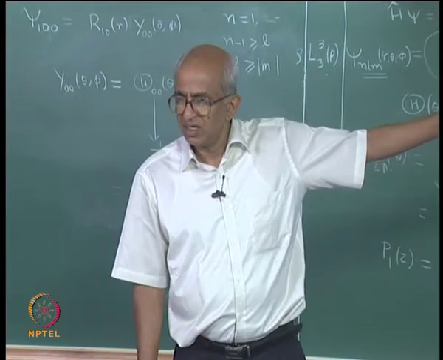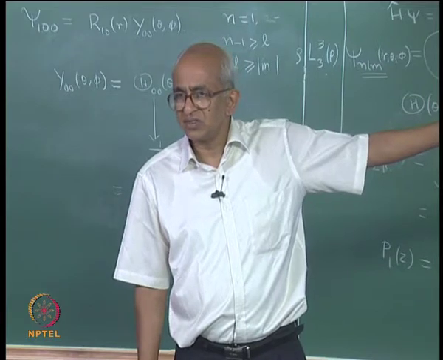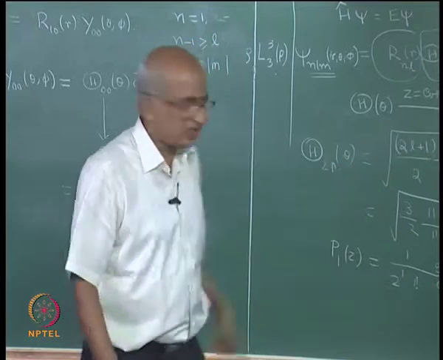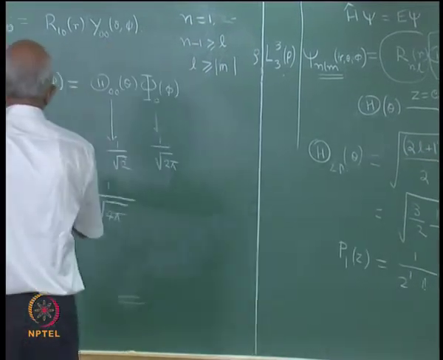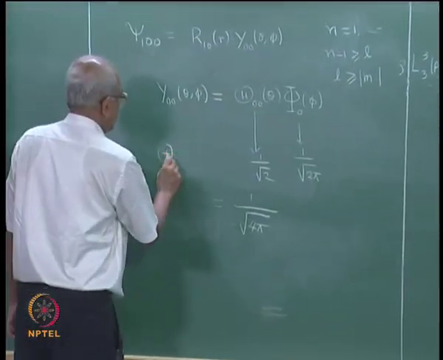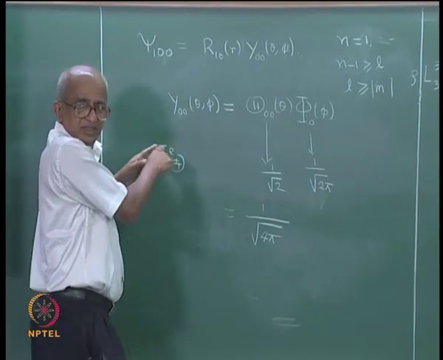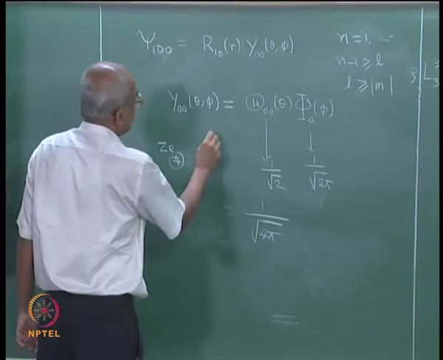where it has been assumed that the nucleus has a charge of plus capital Z into e. So, imagine that the nucleus is having Z positive charges, so that the net charge is Z into e, and there is only 1 electron.